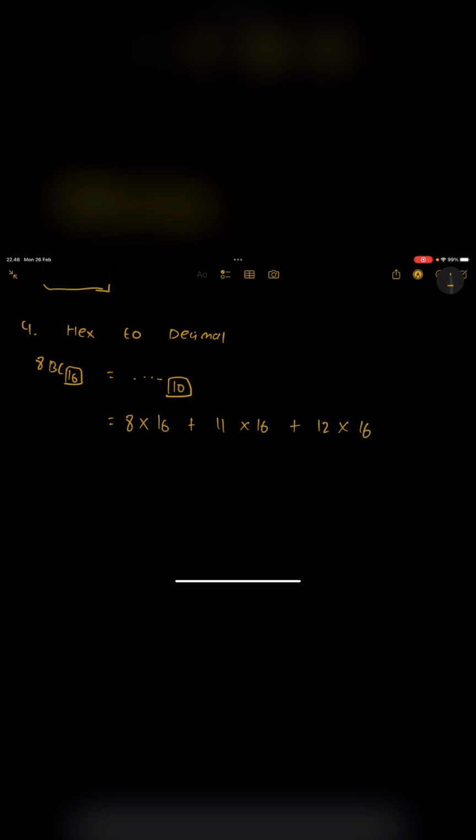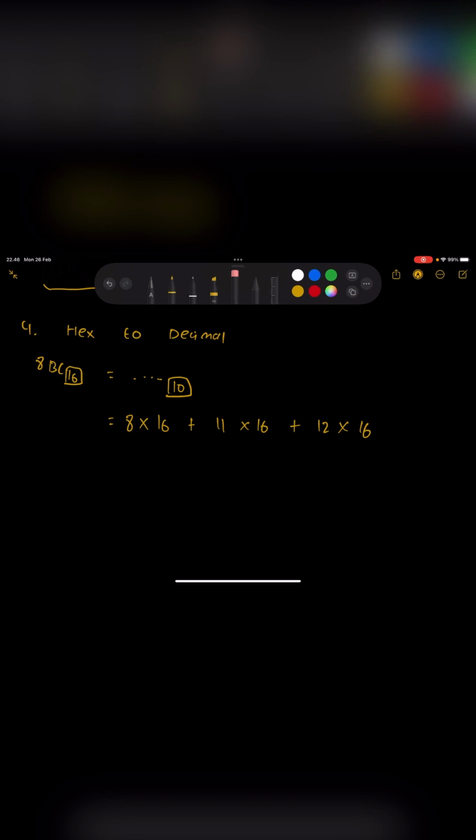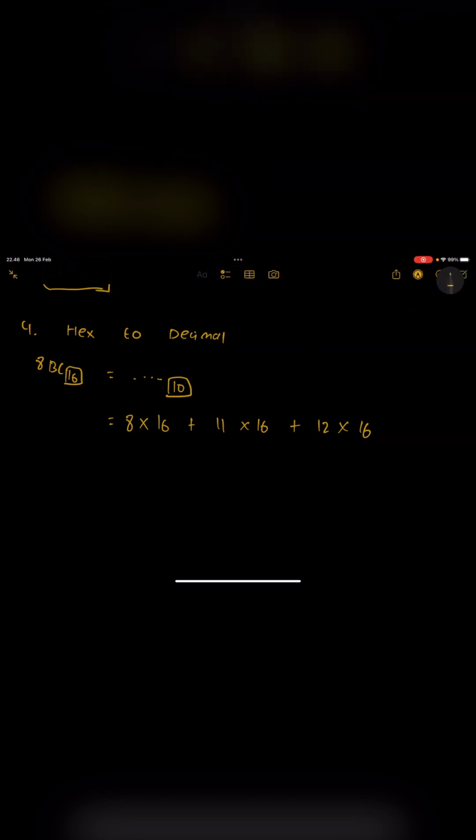And then we can put the power to the basis, starting from the most right one, or the LSB. So the LSB will have the power of 0, starting from 0. So 0, 1, and 2.